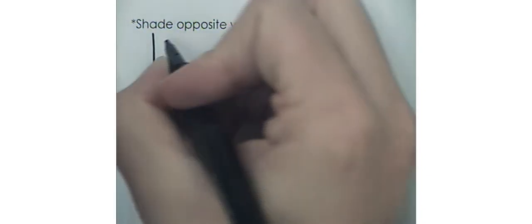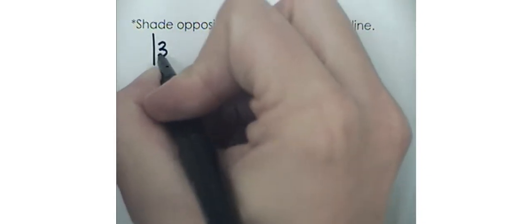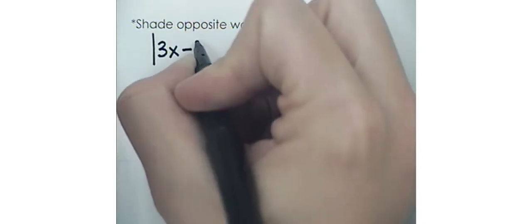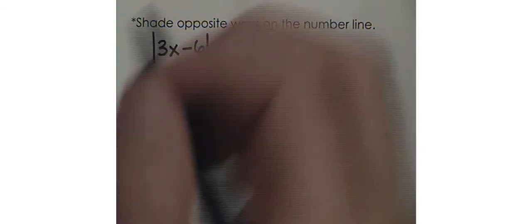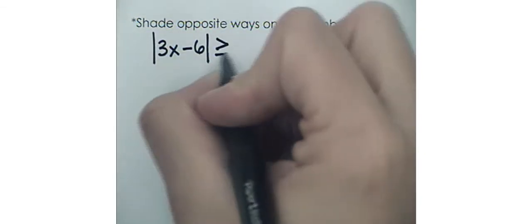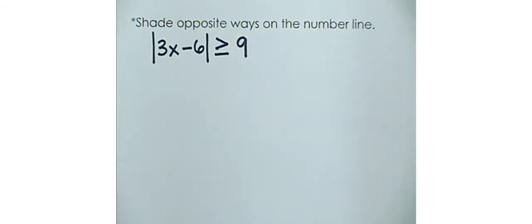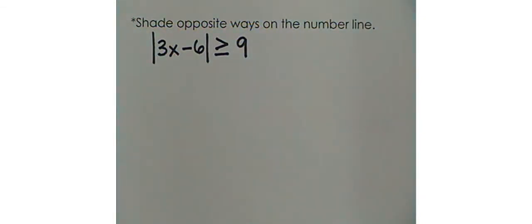The absolute value of 3x minus 6, then remember, my sign has to be greater than, or equal to 9. So this is a disjunction. Last week in the book, greater than, we shaded outwards.